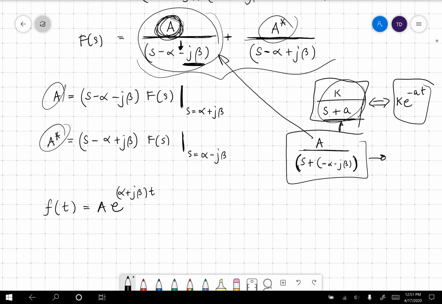Because there's an s there, I have to make it look like this, and because there's a 1 up here, I have to have a 1 there. Right now, I have s plus 1 in the numerator. But up here, I don't have s plus 1, I have s minus 2. So I have to make the numerator the same numerator. In order to make s plus 1 the same as s minus 2, I have to subtract 3.